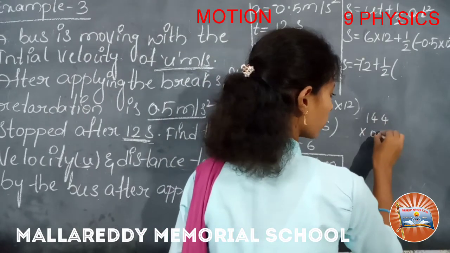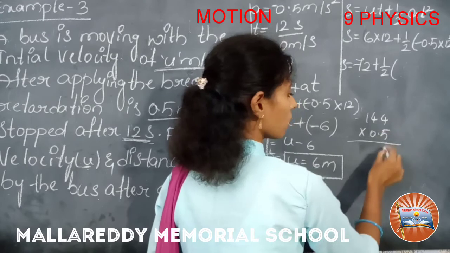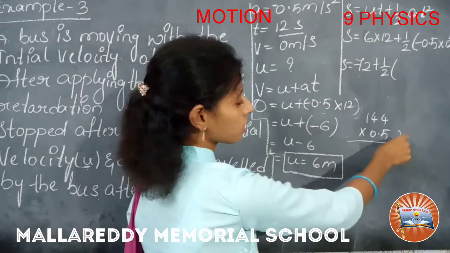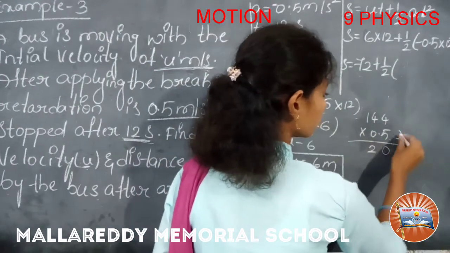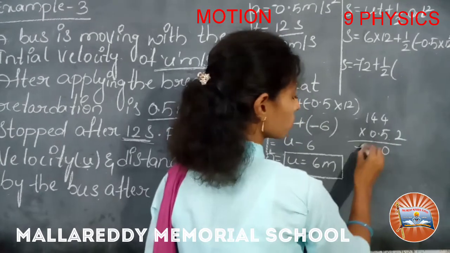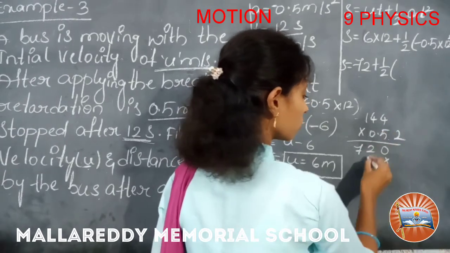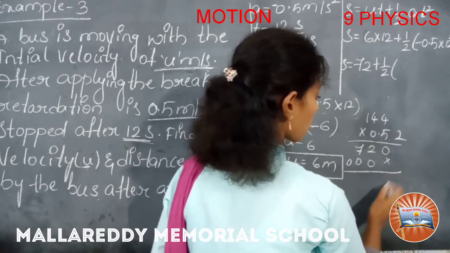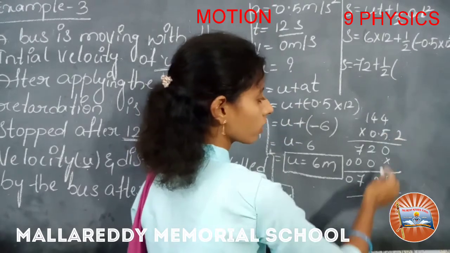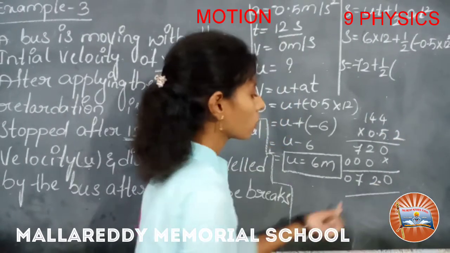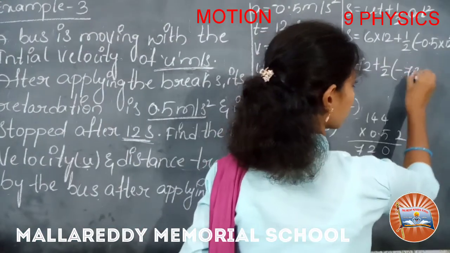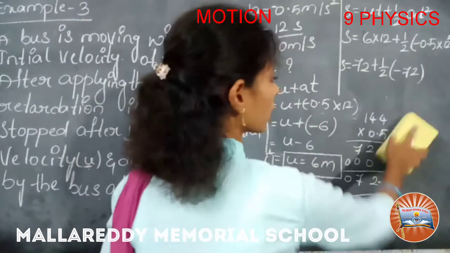So s is equals to 6 times 12 is 72 plus half, here 12 square is 144. 144 into minus 0.5 is minus 72.